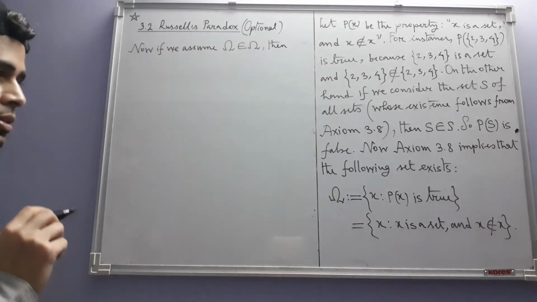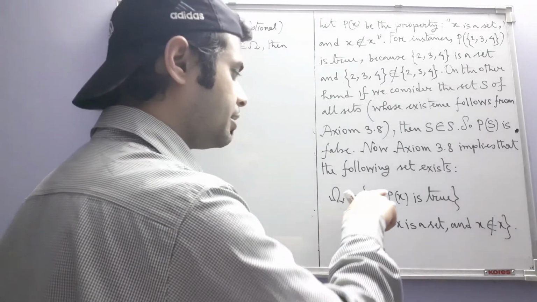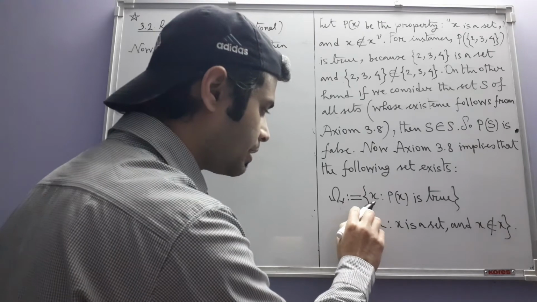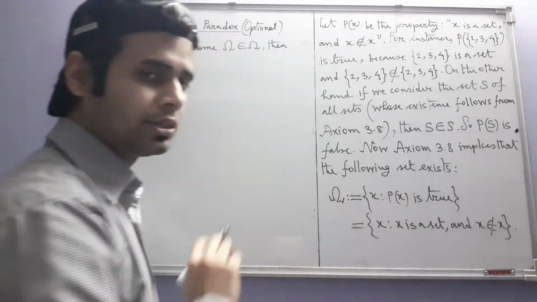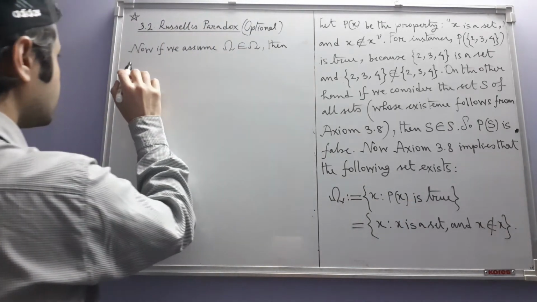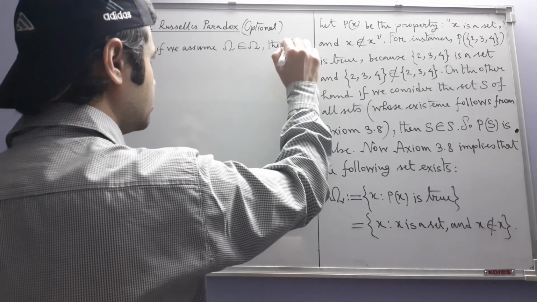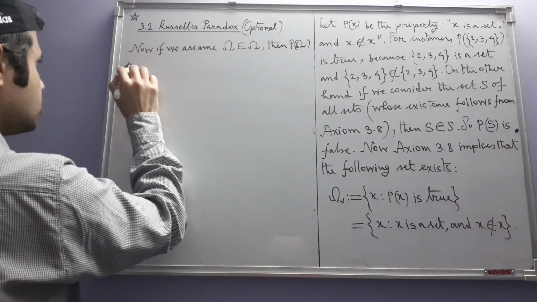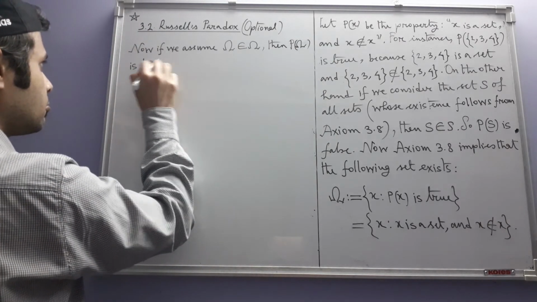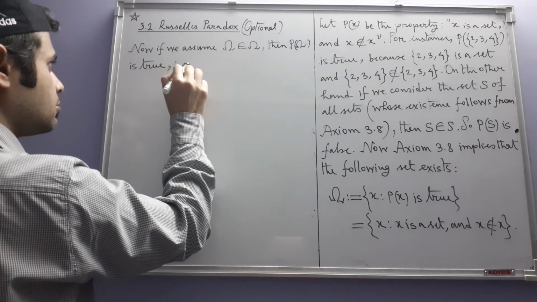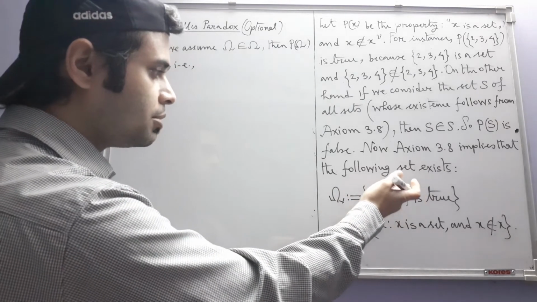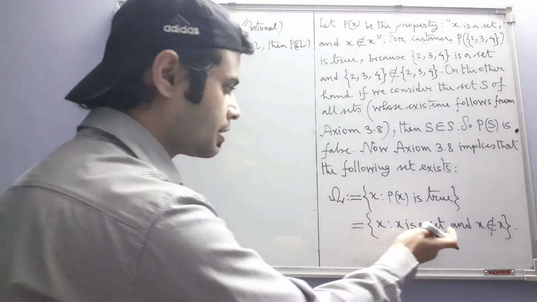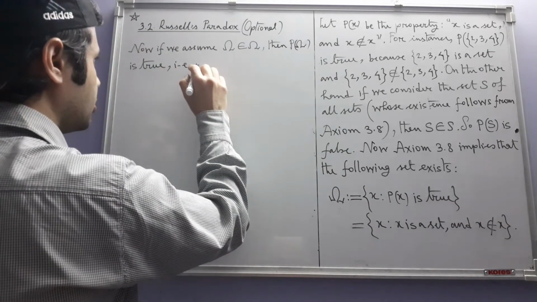If omega is an element of omega, then P(omega) is true, because every element in omega is such that P of that element is true. Then I can write here, right? P(omega) is true. But P(omega) is true means what? Omega is a set, which is true. Omega is a set and omega does not belong to omega.